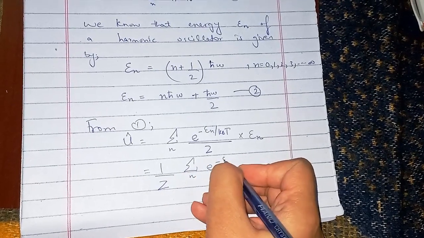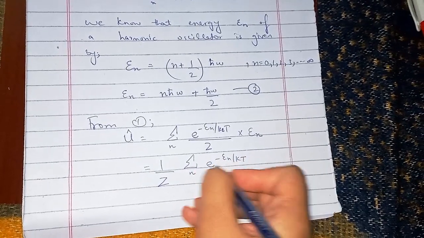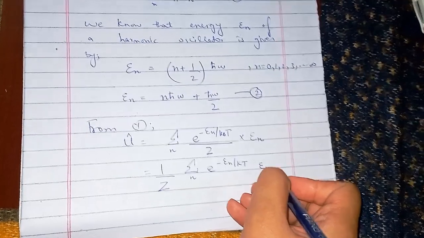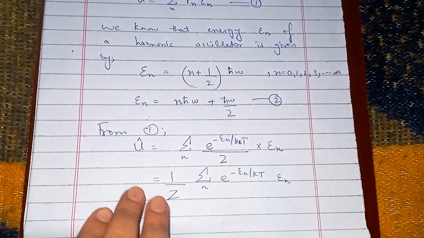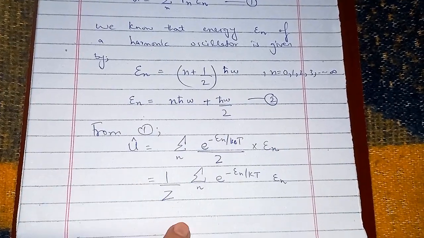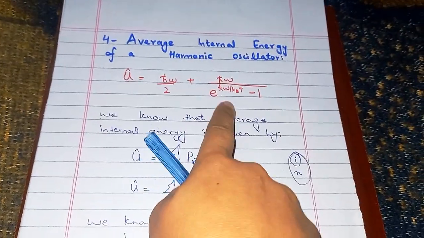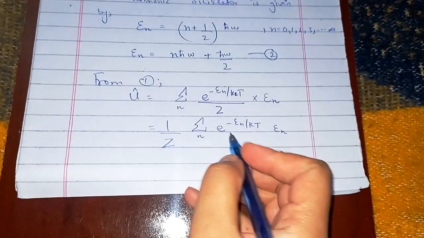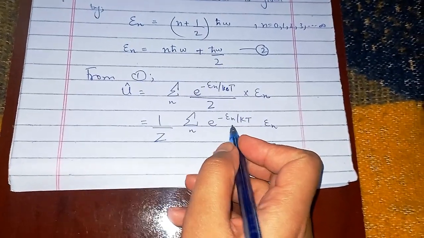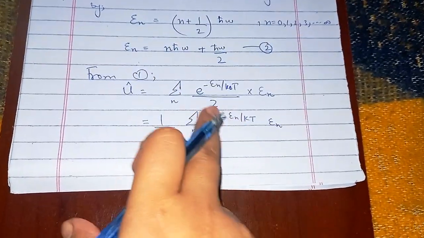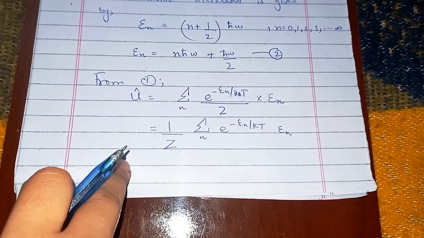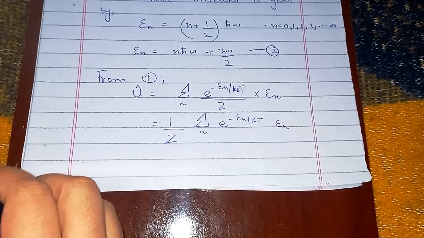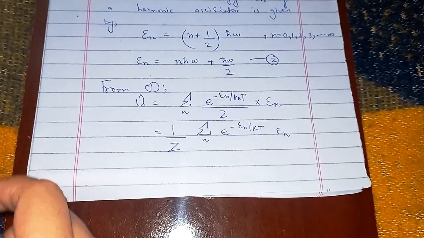So we have e to the power minus E_n by kBT into E_n. Now we have the formula for the internal energy, and what else we have to do is simplify it to this form. I want to insert the value of E_n in both places and simplify to get a good form out of it.